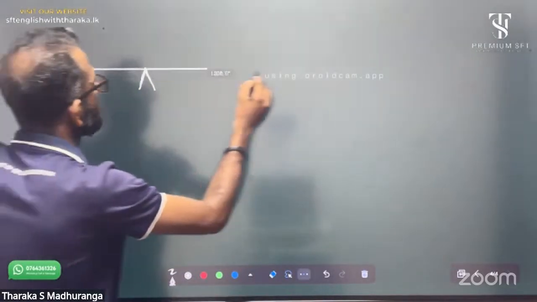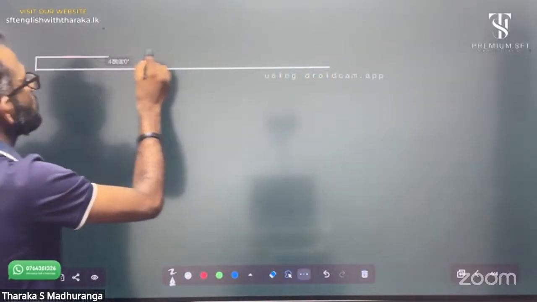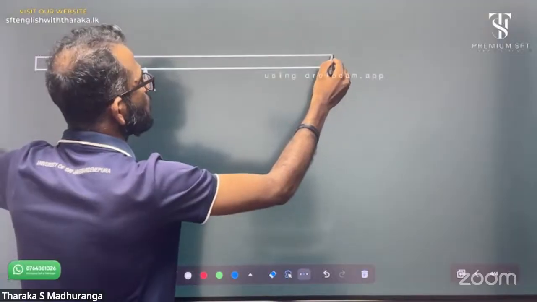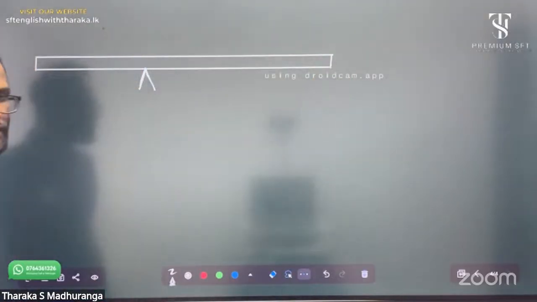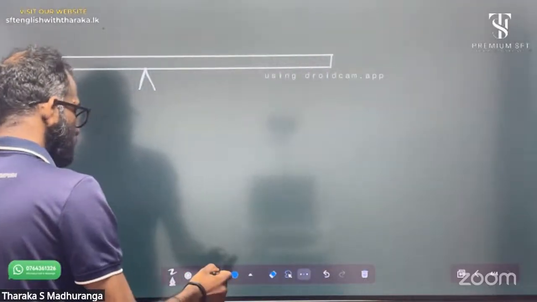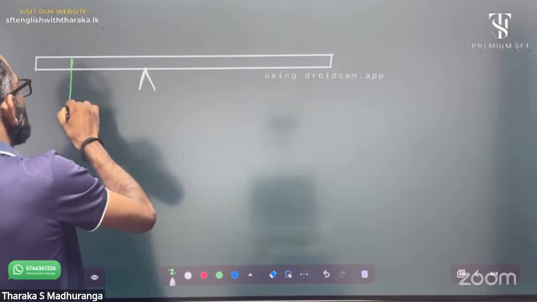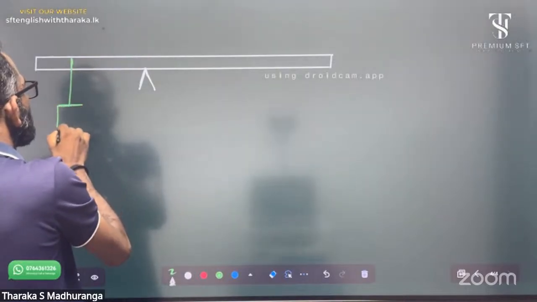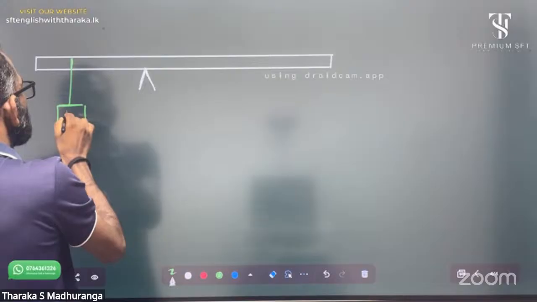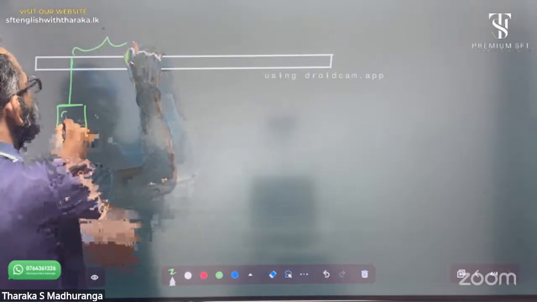Balance the meter ruler like this. The meter ruler is a uniform rod, so you can balance it. Now hang the 50-gram mass, the known mass, at x distance from the knife edge.